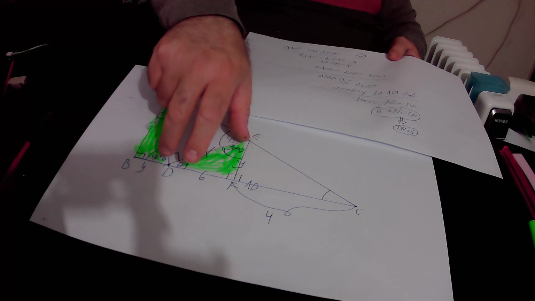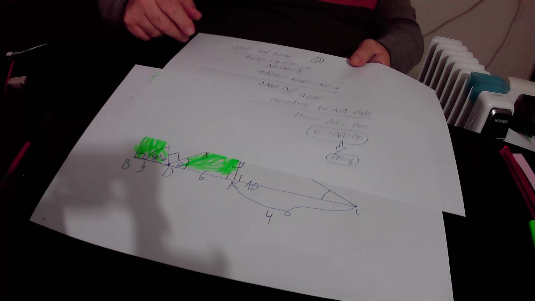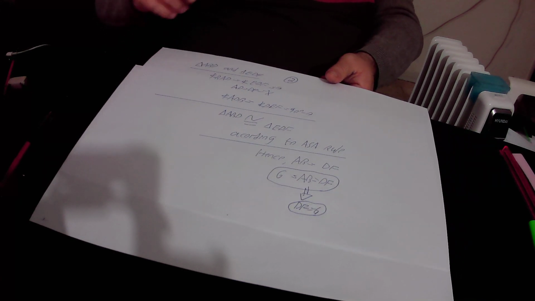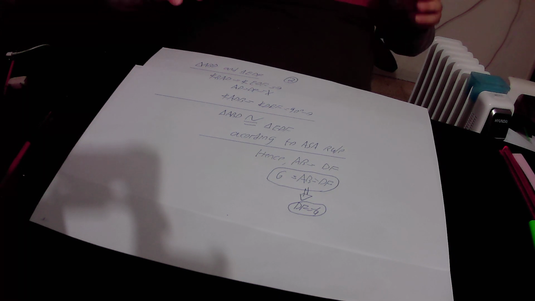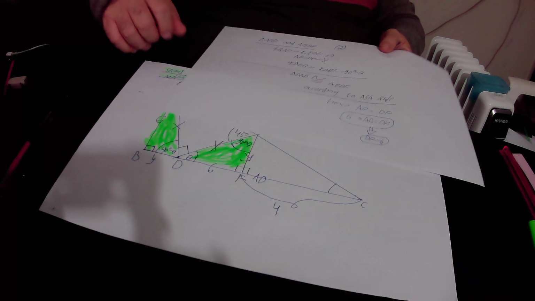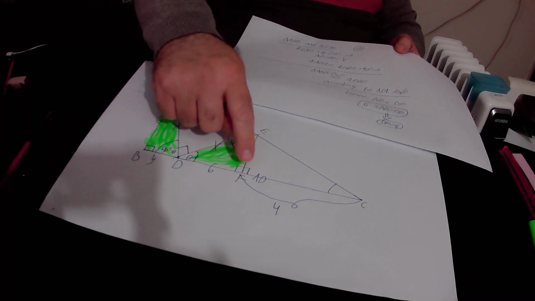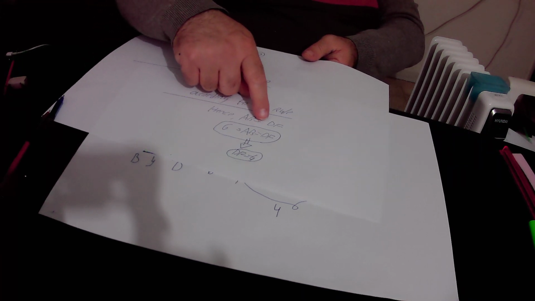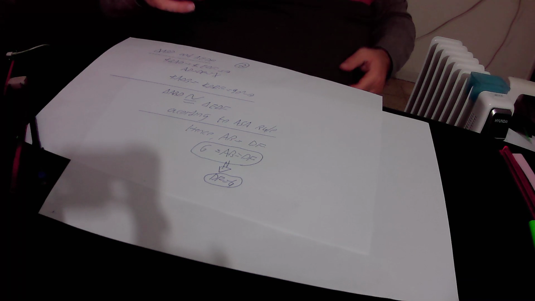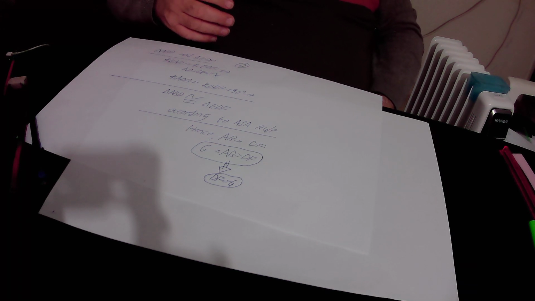Those two angles are also equal, therefore those two triangles are congruent according to the angle-side-angle rule. From this, we conclude that AB equals DF, according to the rule that corresponding sides in congruent triangles are equal to each other.